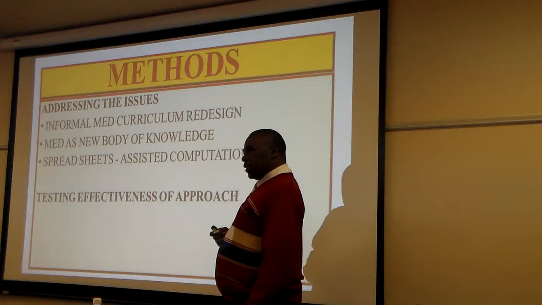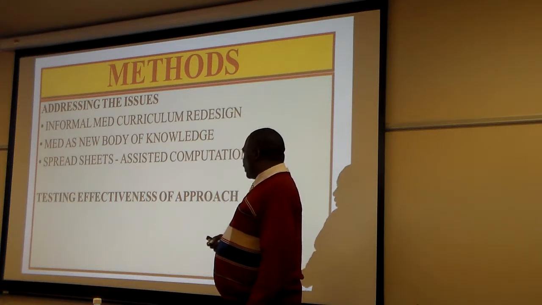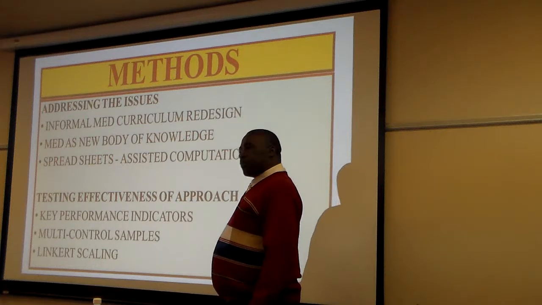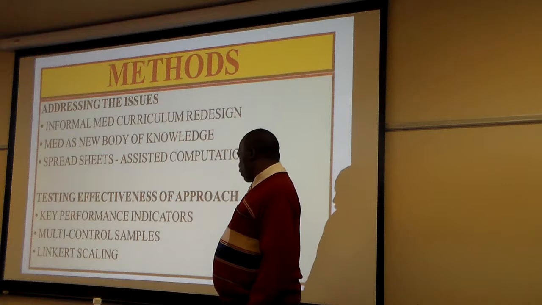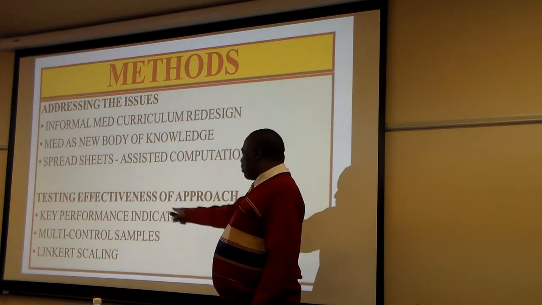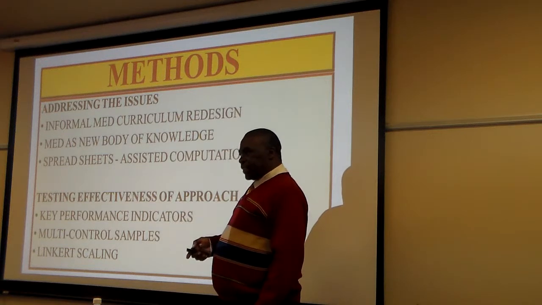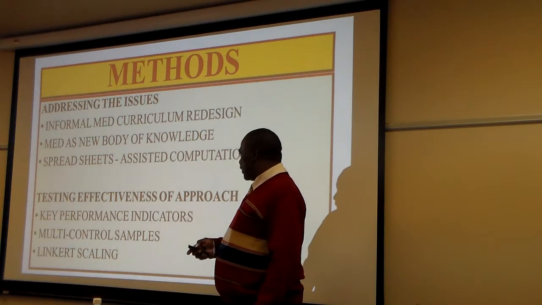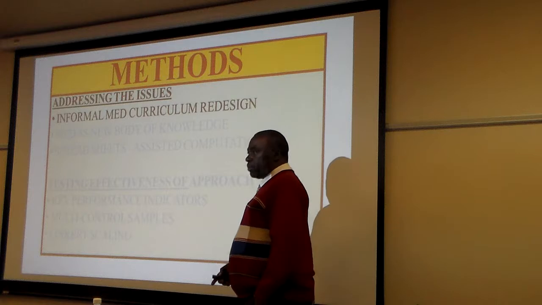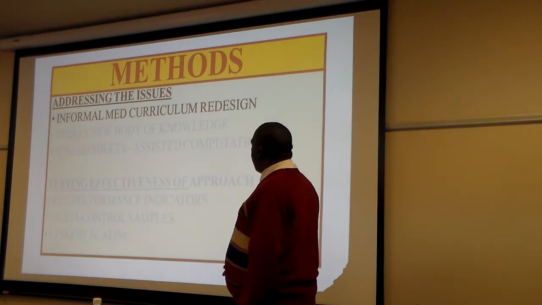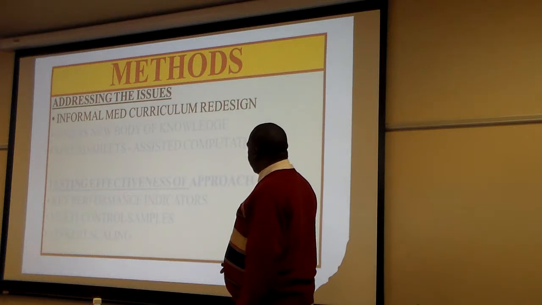Spreadsheets were used, as we shall see. On the testing side, I defined key performance indicators for myself and the students. I had multiple control samples, and I used Likert scaling in the analysis. Let's quickly go through them one by one. Informal curriculum redesign.